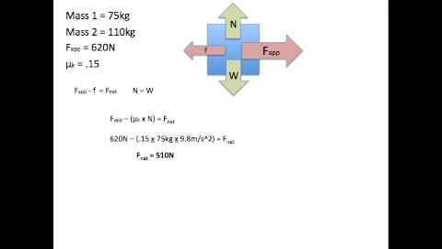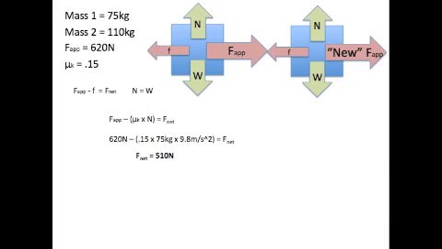Alright, so for the next portion of this problem, you need to figure out how much force the 110 kilogram box is applying onto the 75 kilogram box. We know that the second box has a force of friction as well as the new applied force, which is the 510 newtons from the 75 kilogram box.